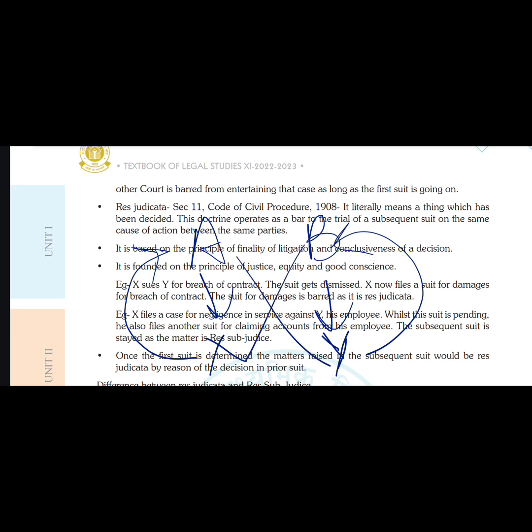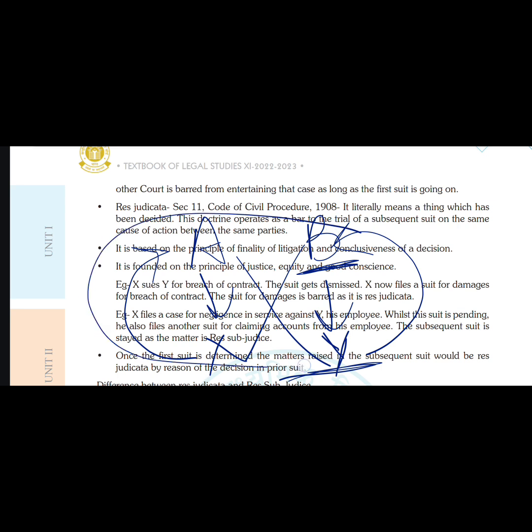Suppose decision A has come in favor of party X, decision B has come in favor of party Y. Obviously X will like to follow decision A, Y will like to follow decision B, and each is forcing the other to follow their decision. Y is forcing X to follow decision B, right? Because it is in his favor.